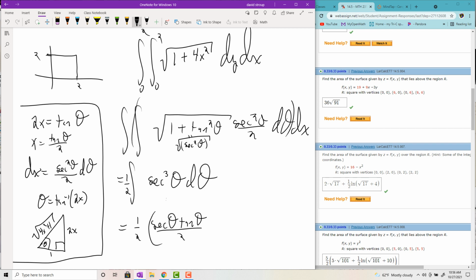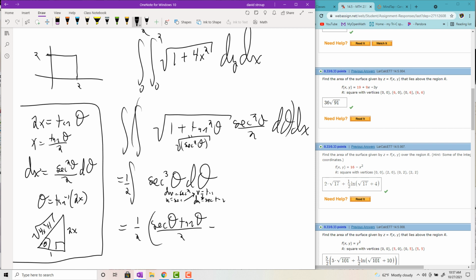You would have u is your secant, and then dv is secant squared. So v is tan, and then du is sec tan. So it's going to be this times this minus the integral of this times this. So there would be a tan squared.